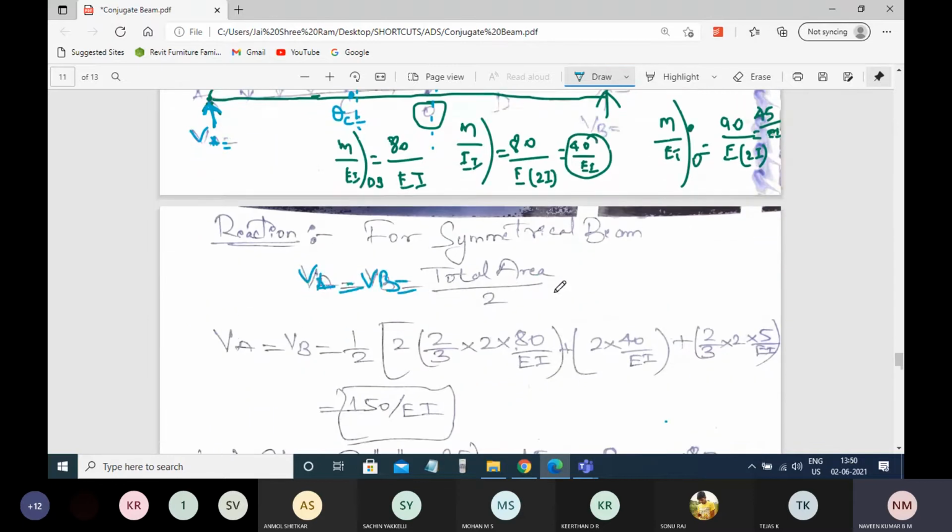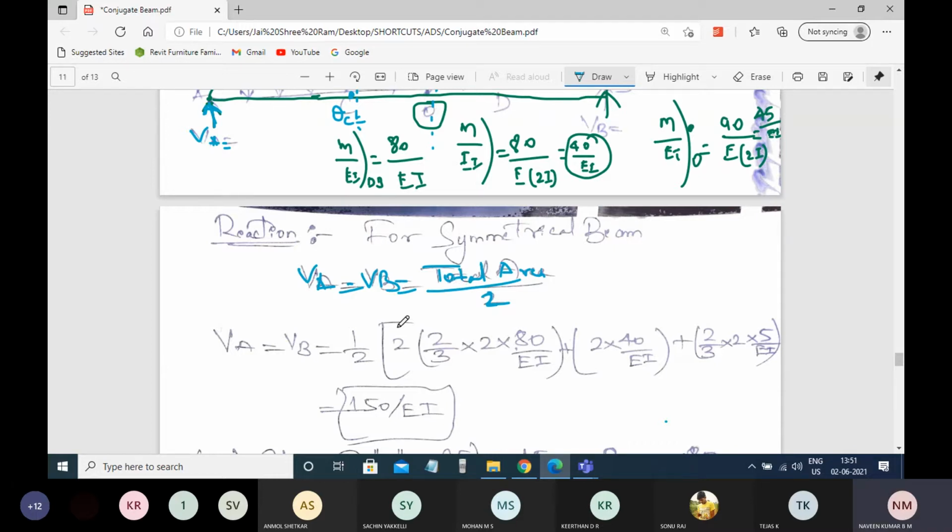To simplify the calculations, we can easily find the reaction, that is the total load divided by 2. The total load includes VA plus VB. Because of symmetry, VA equals VB, so that is equal to total area by 2.